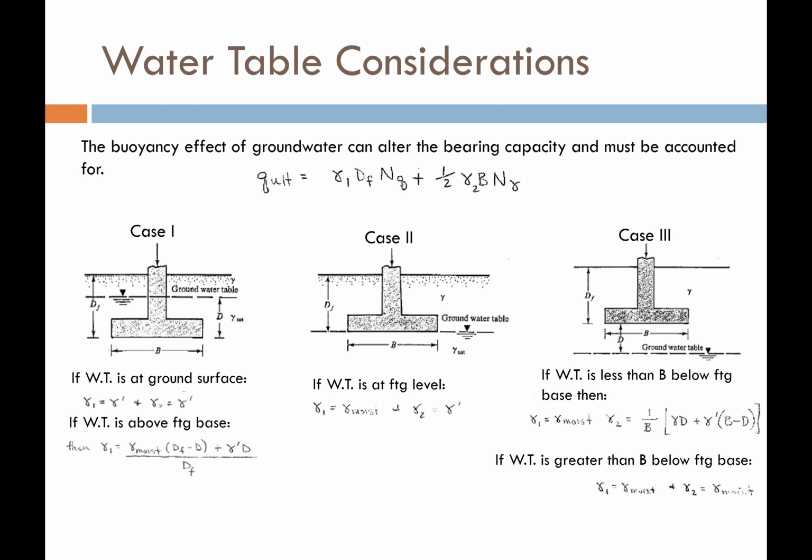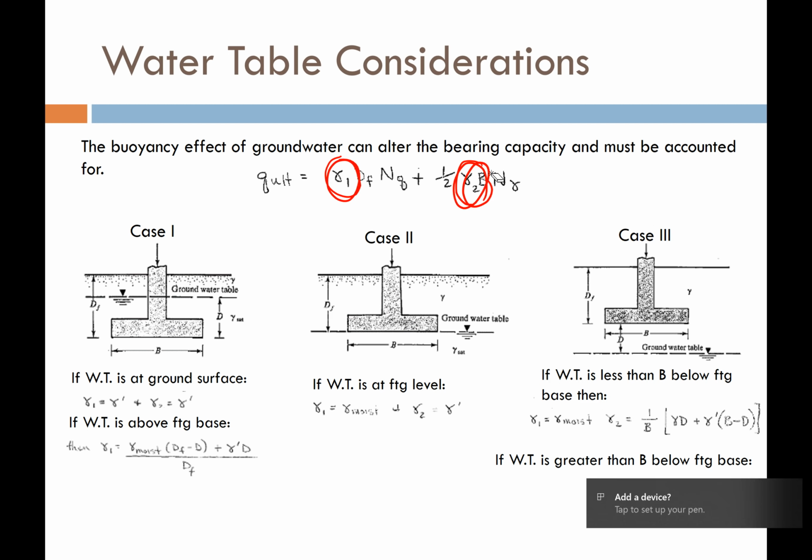So that means when we deal with unit weights, like the unit weight with my surcharge or the unit weight below the bottom of my footing, I have to use what I'm going to call the buoyant unit weight. And remember, the buoyant unit weight is gamma prime, and that accounts for the unit weight of water.